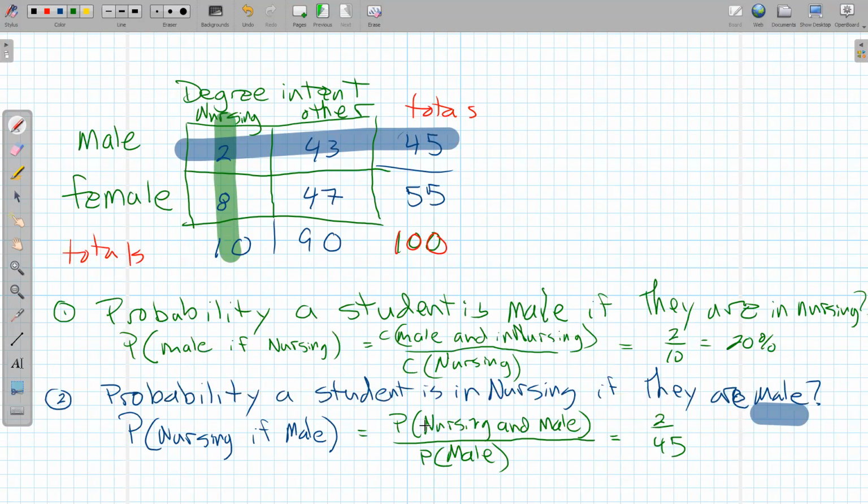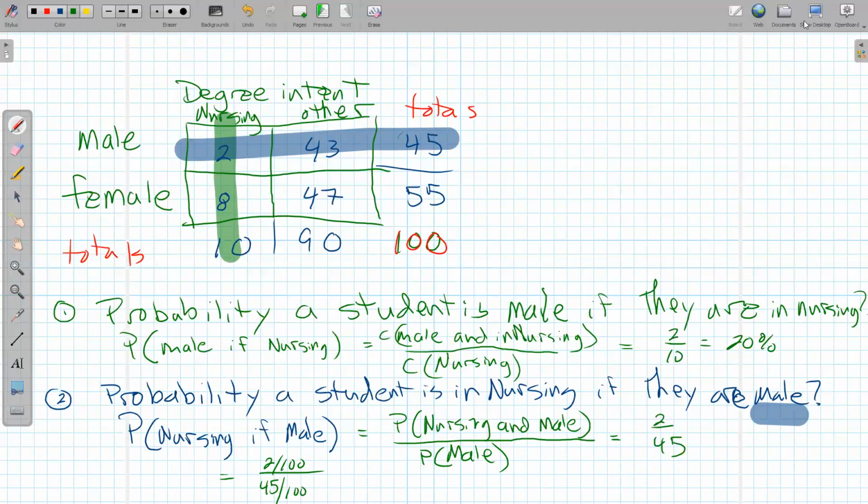If I think about it in terms of probability, the probability someone's nursing and male is 2 out of 100. That's my numerator. My denominator would be the probability of being male, which is 45 out of 100. Dividing by 100 top and bottom divides itself out, leaving the 2 out of 45.